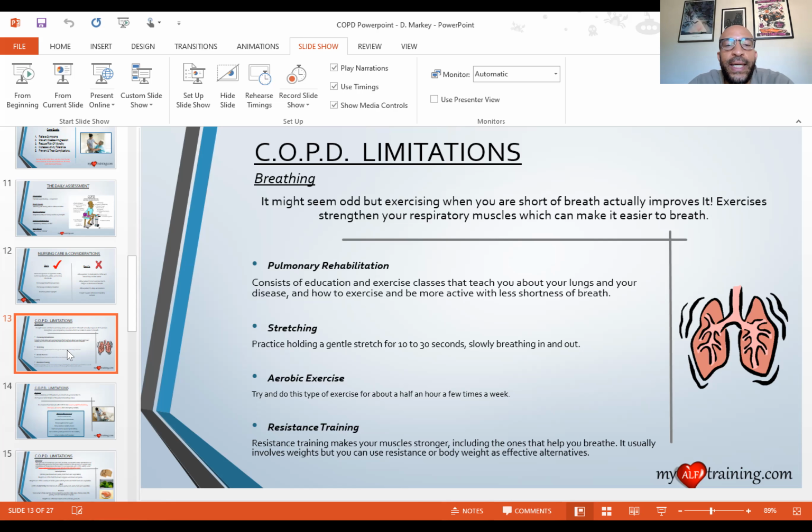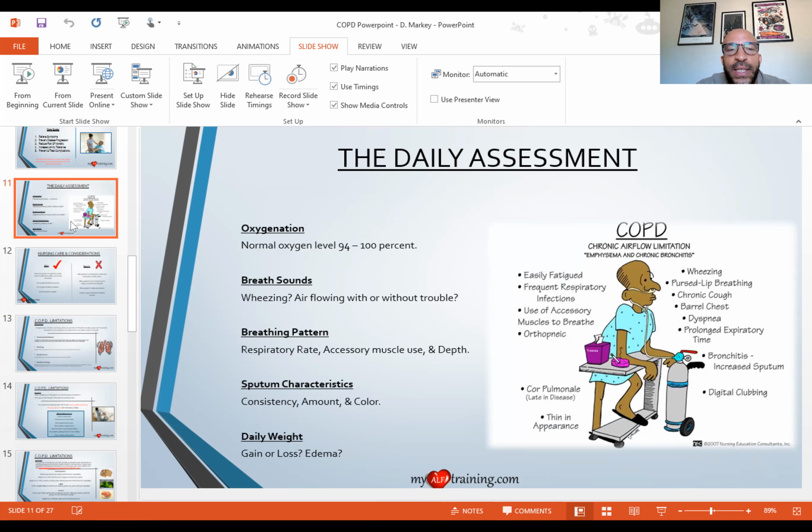We want to make sure we individualize the goal, time, level and intensity for our patient. How do we know what their goal time should be? Well, we use the assessment that I talked to you about: the oxygenation level, their breathing pattern, are they having a lot of sputum, what their breath sounds are like.